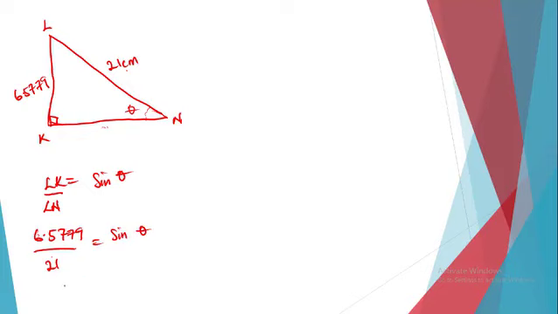So 6.5779 divided by 21, what do we have? We have 0.3132 equal to sine theta. Now since this is sine theta, what do we need to do? We need to find the value of theta and not sine theta. So the value of theta would be equal to sine inverse, that is sine crossing over the equality sign becomes a negative sign, so sine inverse of 0.3132. Remember how we press that?